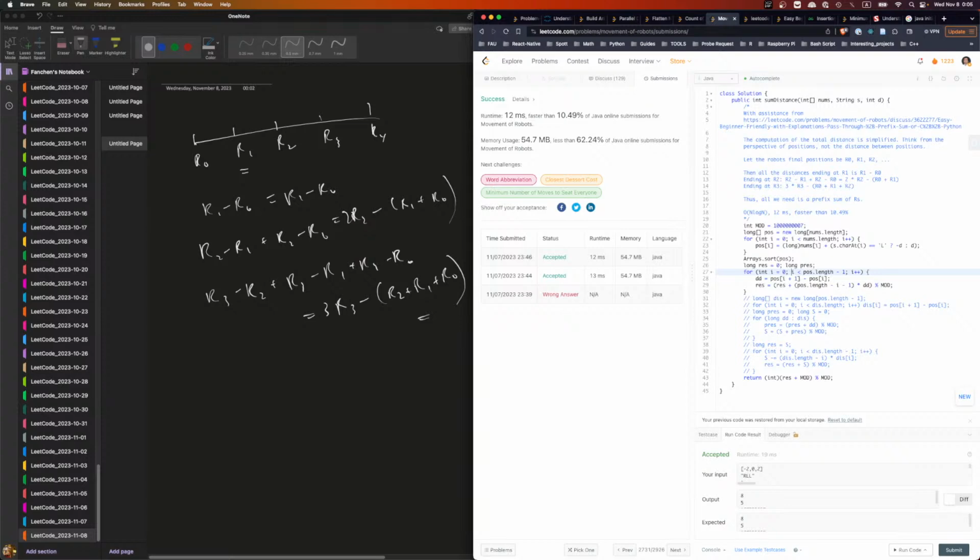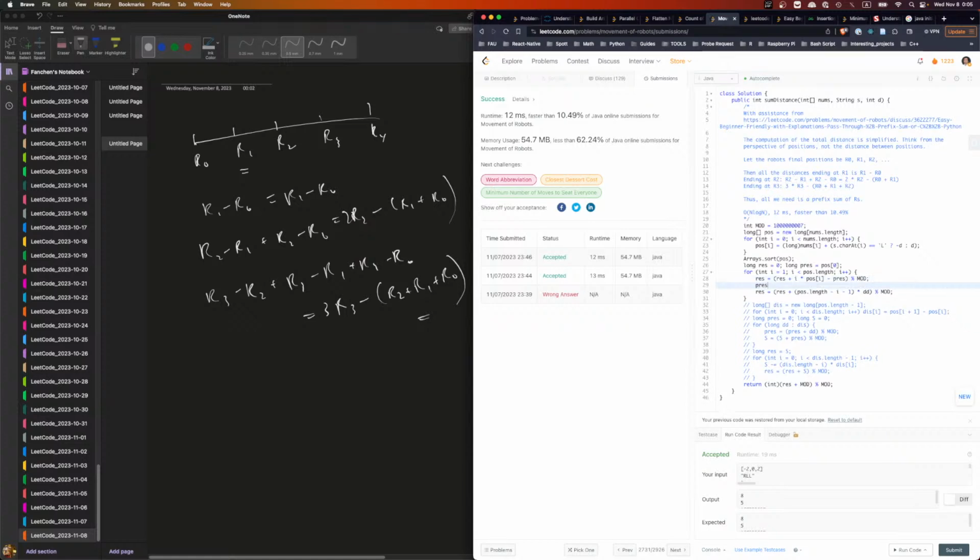Okay, so this is going to be position 0. From 1 all the way to the end. What do we do? Res equal to res plus position i times position i minus pre-sum, mod, right?